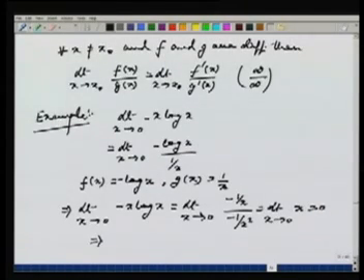This implies limit x going to 0 of x log x is also equal to 0. So notice that in this setup, to apply L'Hopital's rule, we actually needed the infinity by infinity form of the L'Hopital rule. These are the famous indeterminate forms. One is the 0 by 0, the example we have seen is sin x by x, other is infinity by infinity. Here the example we have is x log x.